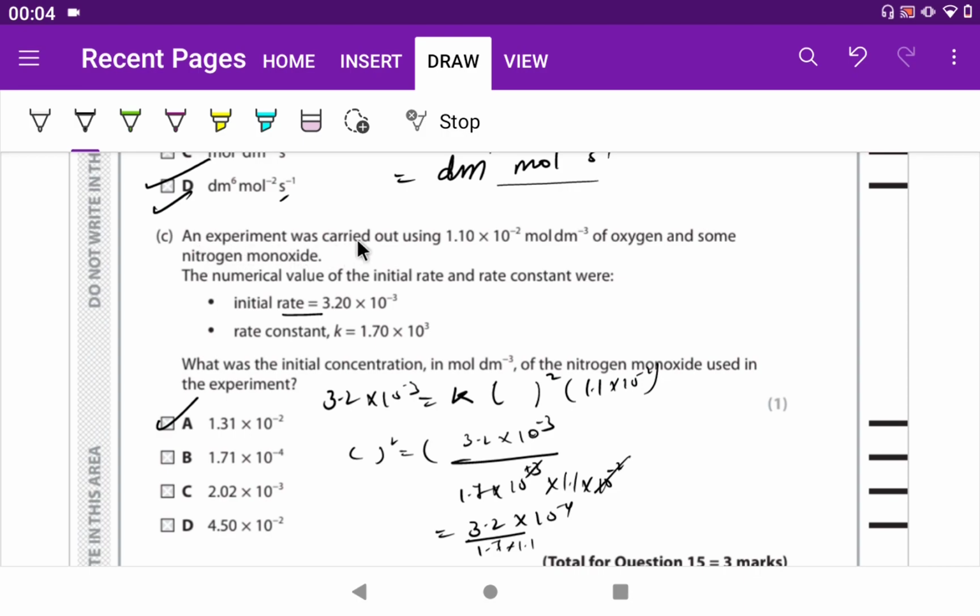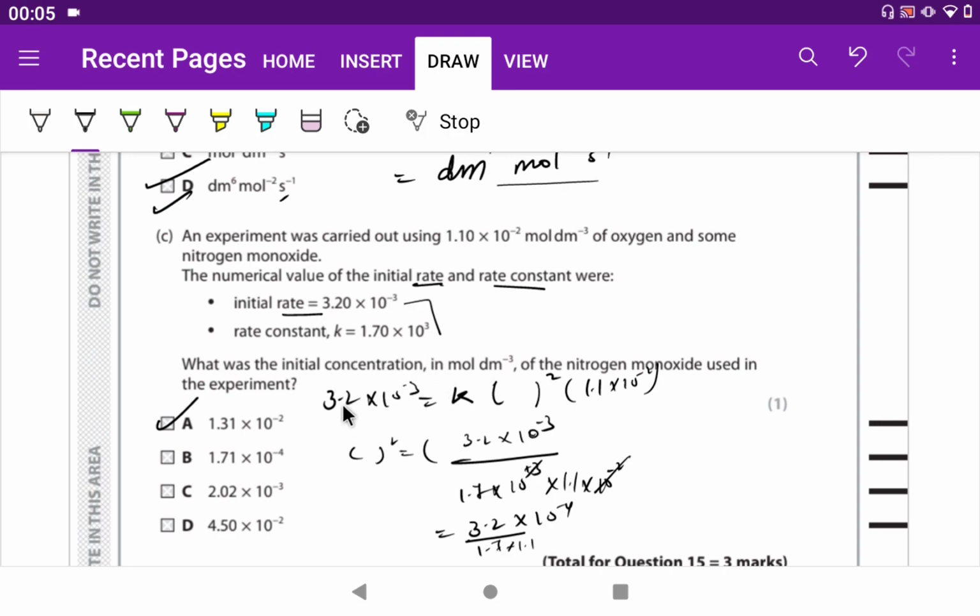Now part C. An experiment was carried out using 1.1 × 10⁻² mol dm⁻³ of oxygen and some nitrogen monoxide. The numerical values of the initial rate and the rate constant were this. What was the initial concentration in mol per dm³ of nitrogen monoxide used?